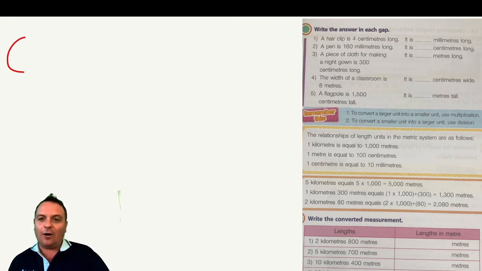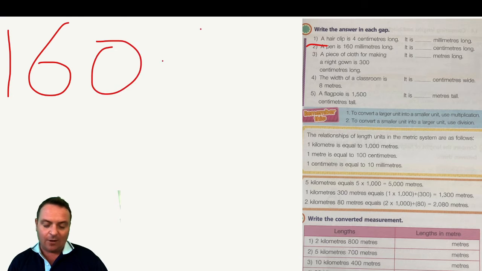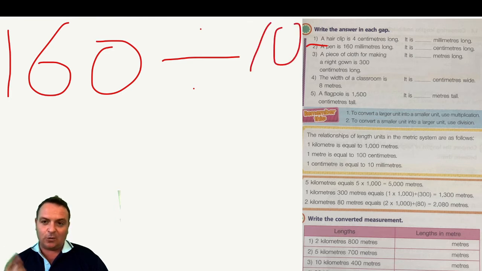It's not easy. Okay. Number two, a pen is 160 millimeters long. How many centimeters is that? This time we're going to divide. 160 divided by 10, because 1 centimeter equals 10 millimeters.